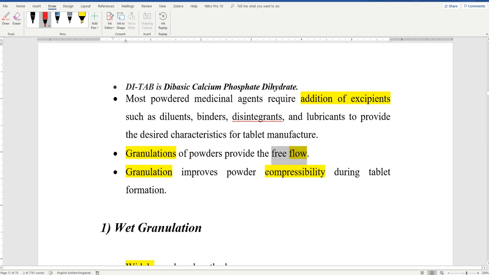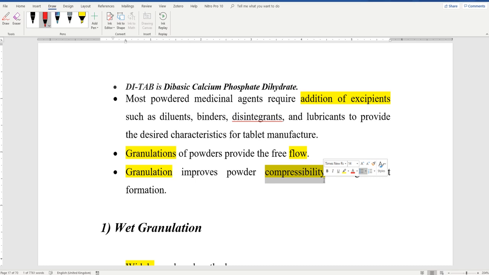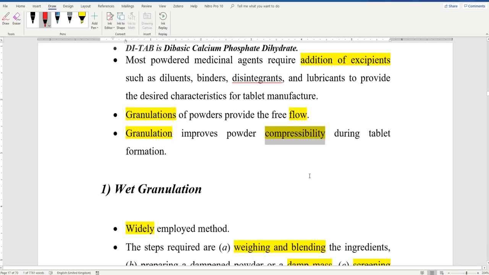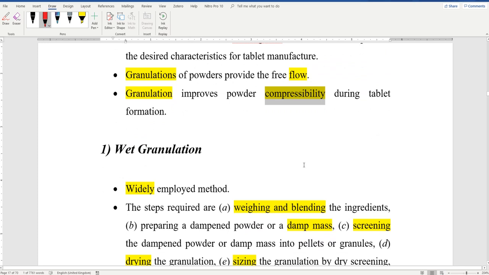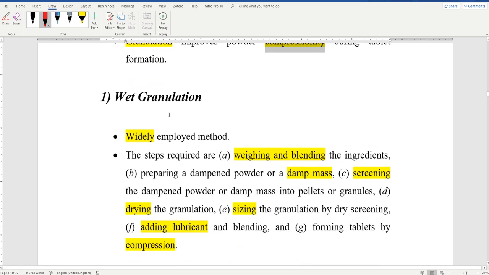Granulation, as I said, has better compressibility characteristics. I mean the way the binder distributes in the granule when we do wet granulation is allowing the granules to be compressed in a better way compared to the direct compression. So let's talk about each method maybe in a little more detail.